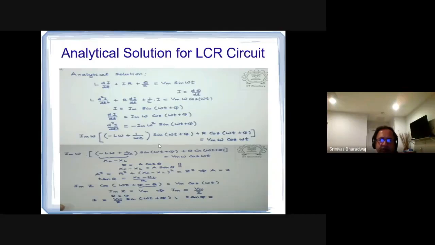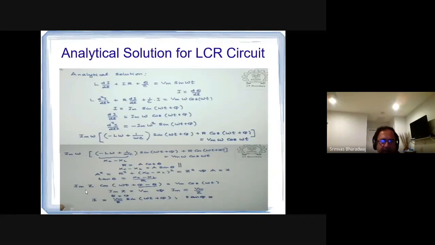You notice that anytime you have sine of A plus cos of A, you try to make it into a sine of A plus B. Sine A cos B plus cos A sine B is sine of A plus B, so that's what he's doing here. He is taking this part and this part, and he's trying to rewrite the whole thing in the form sine of A plus B.